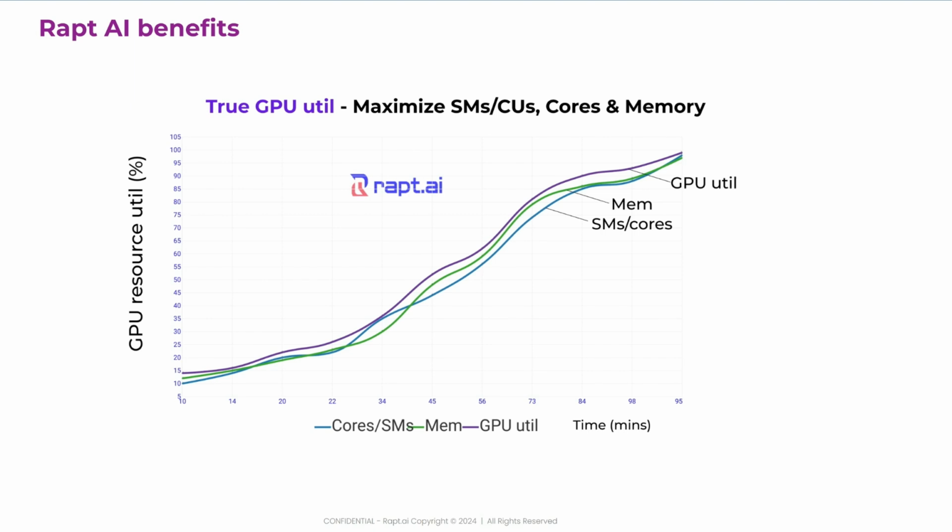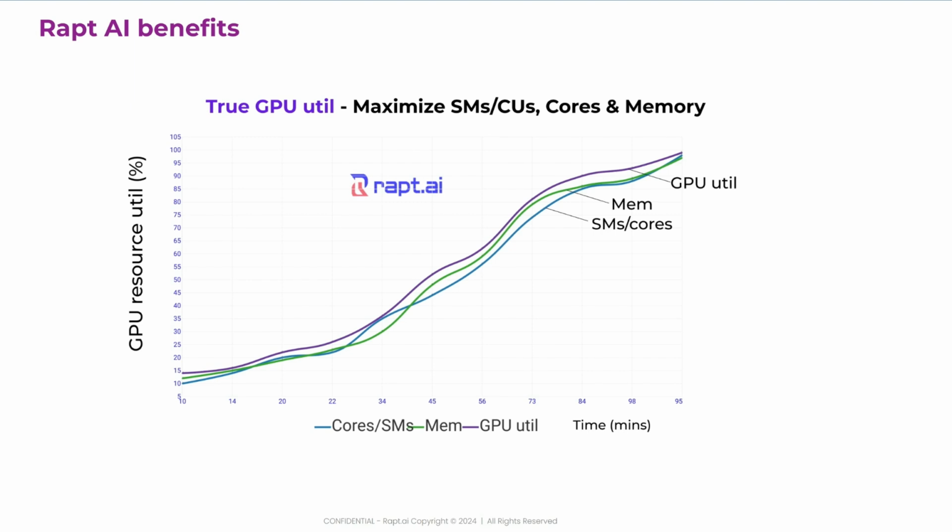So with this approach, what you get is the true utilization of a GPU infrastructure, right? As we saw in the previous slide, your GPU utilization might be higher, but in reality, the actual cores or the SMs or compute units or the memory that you are using are not fully utilized.